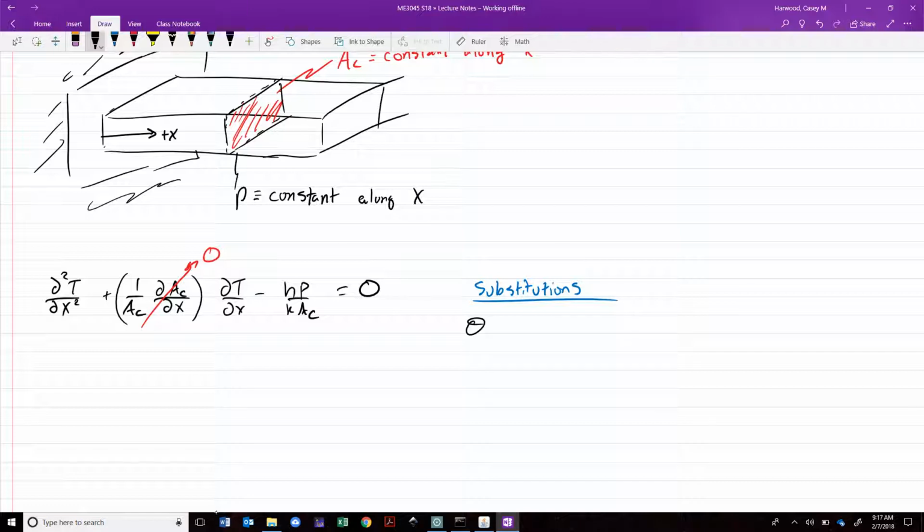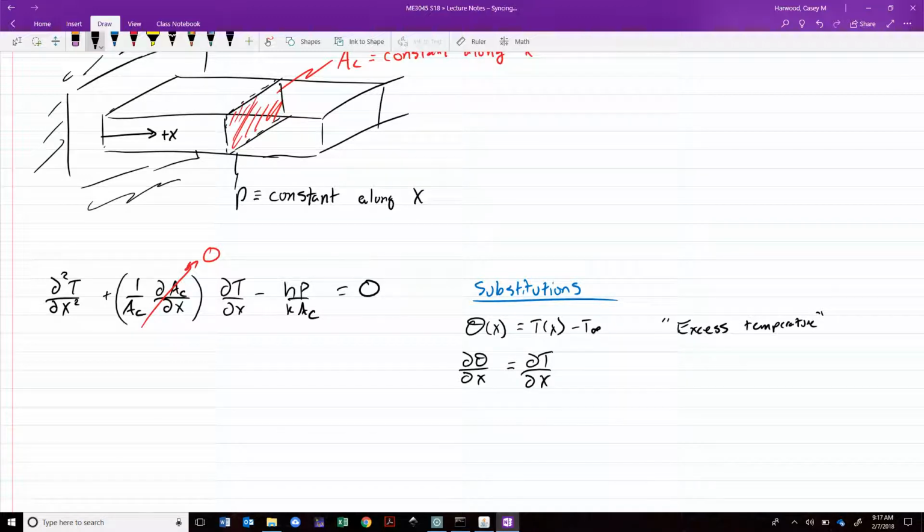So we'll go ahead and define what's called the excess temperature. Theta of x is simply equal to the difference of the local temperature from the surrounding fluid temperature. So this is what's known as the excess temperature. If we were to take d theta dx, because T infinity doesn't change along x, this becomes the same as partial T partial x.